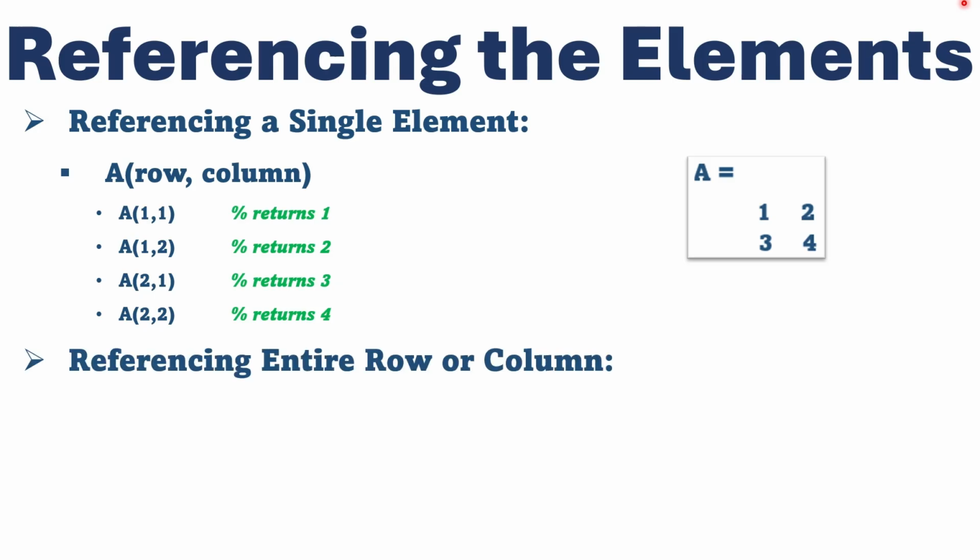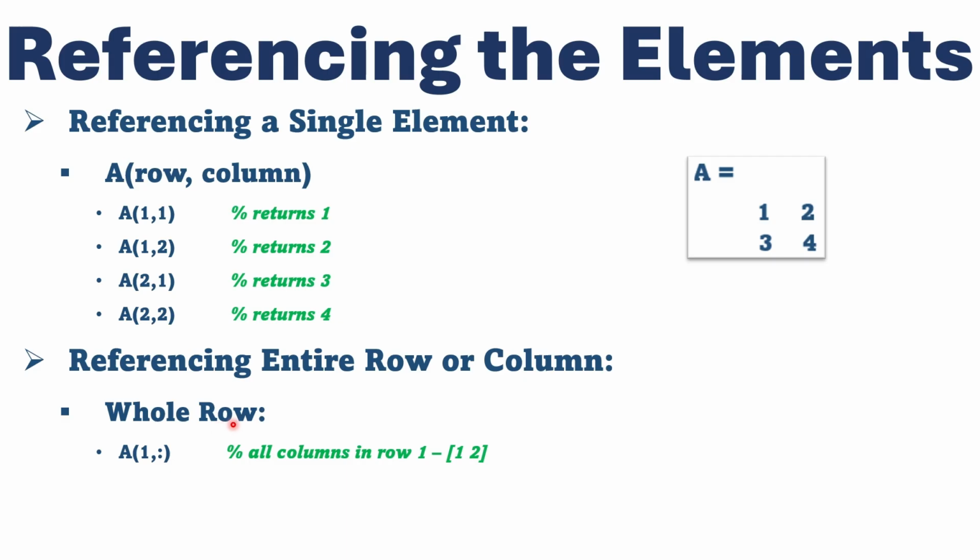Second is referencing an entire row or column. So let's see how the whole row works. To access the entire row, it's very simple. What you have to do is just use the 1, which means I am going to access the first row, and then put a comma and use the colon symbol.